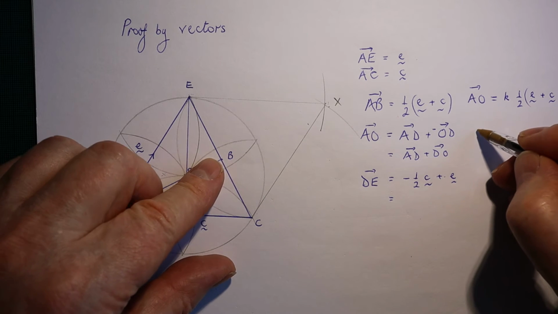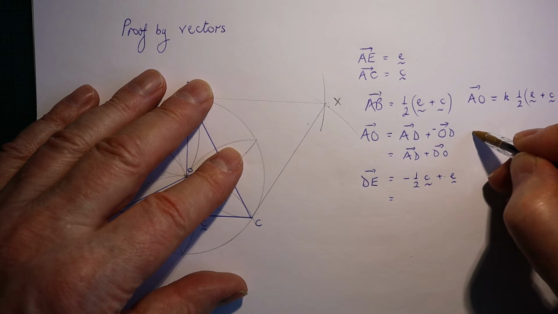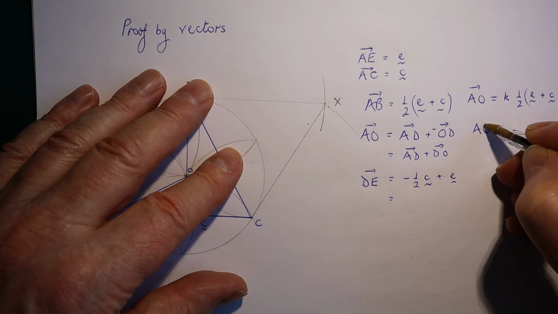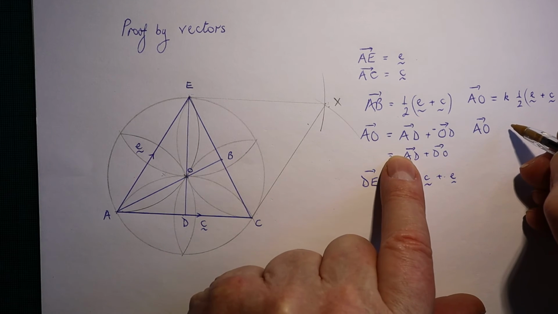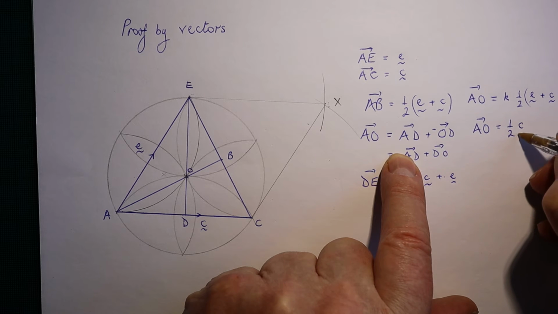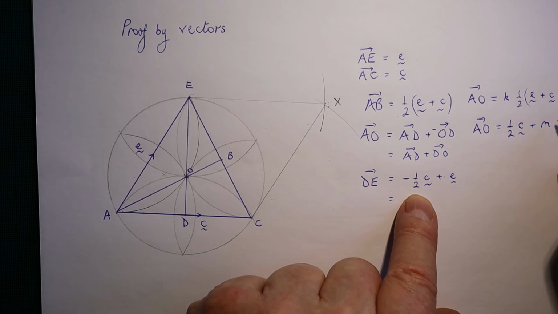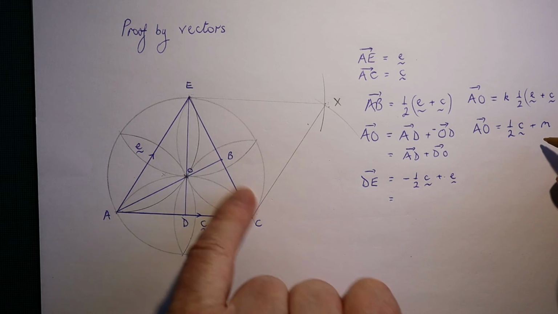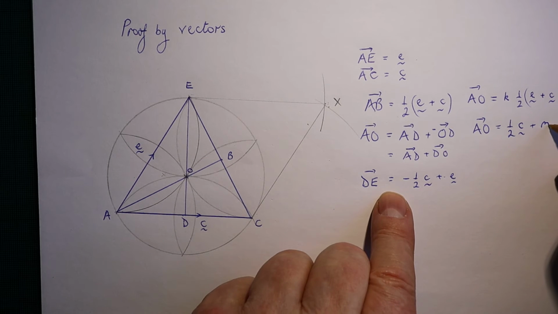So now we've got another way of writing AO. We can write AO is equal to AD, which is our 1/2 C, plus some fraction of DE, and this time we'll call the fraction M.